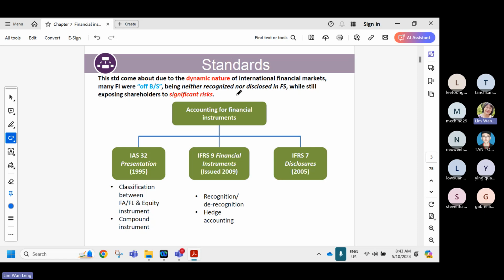You will also see this later when you look at IFRS 16. IFRS 16 was also a standard that went through certain updates, especially with respect to the accounting for lessees. Previously, under lessee accounting, you had to split between operating lease and finance lease.